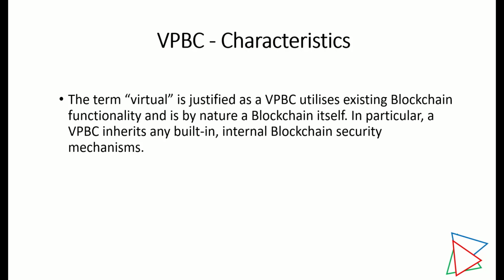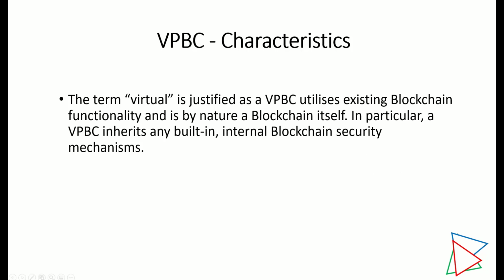The ideology of the virtual characteristics of this system is that it is not known by anyone who is not on the system. So the virtual private blockchain interacts with a public blockchain, but the public blockchain is unaware of the existence of the virtual private blockchain.